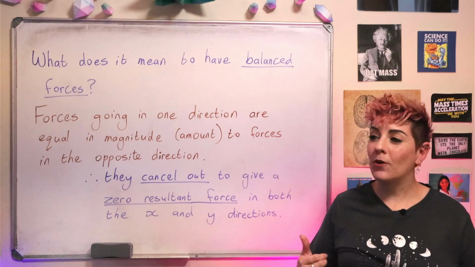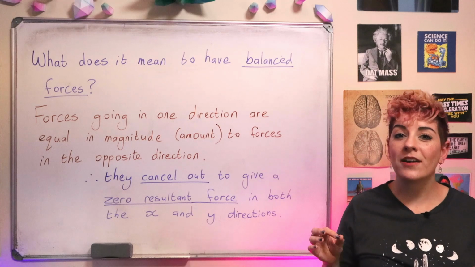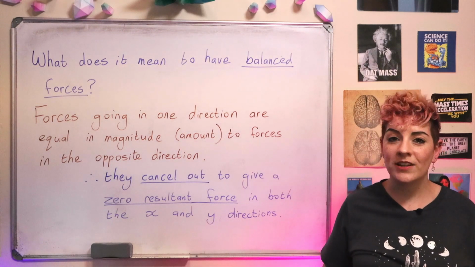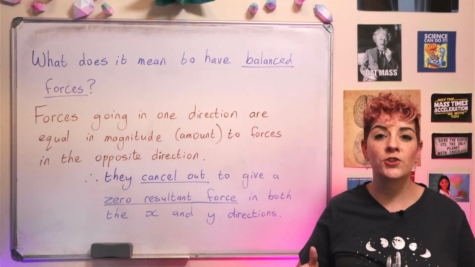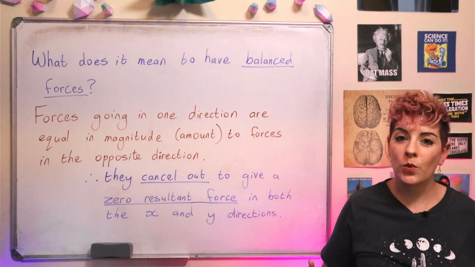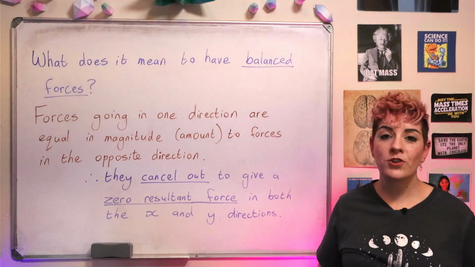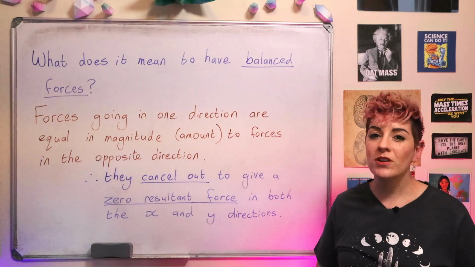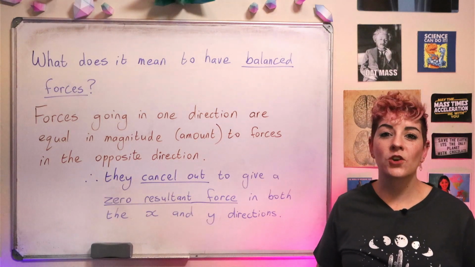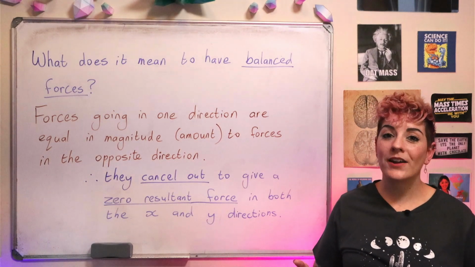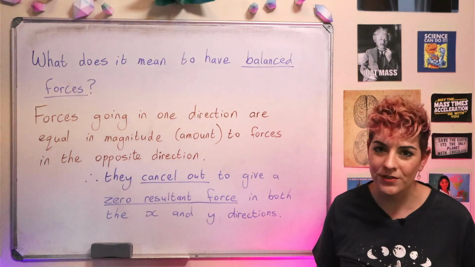Now, the fact that forces in opposite directions are equal in magnitude or amount is what we will actually use to solve for certain unknowns with questions related to equilibrium. So with a story in equilibrium, you literally add up all the forces going in a certain direction, and that can include x and y components of angled forces.